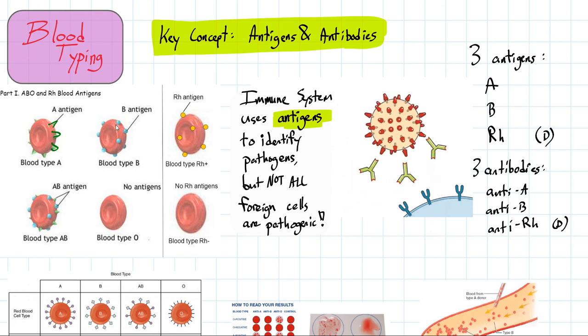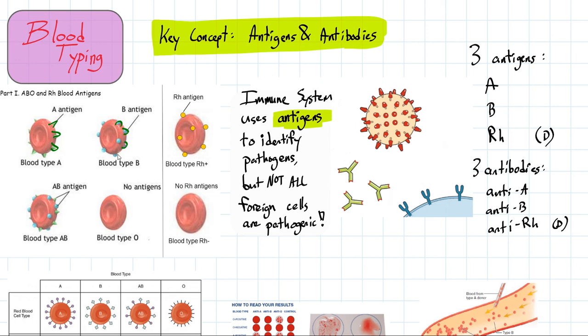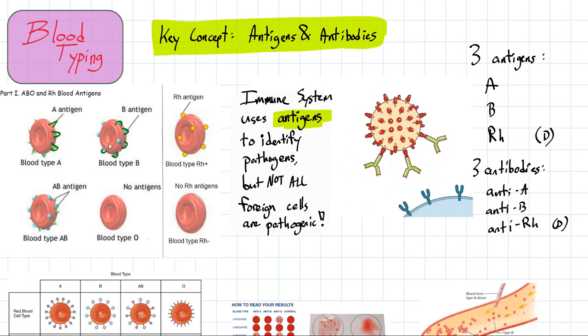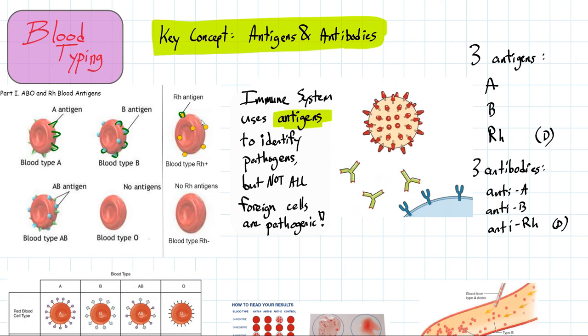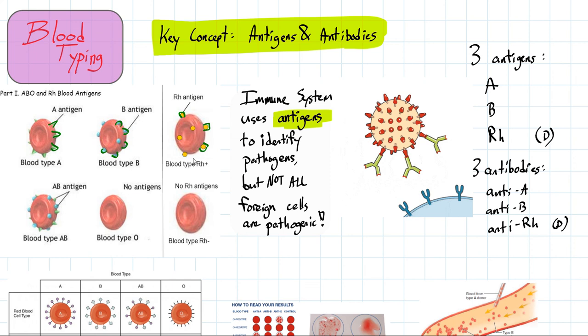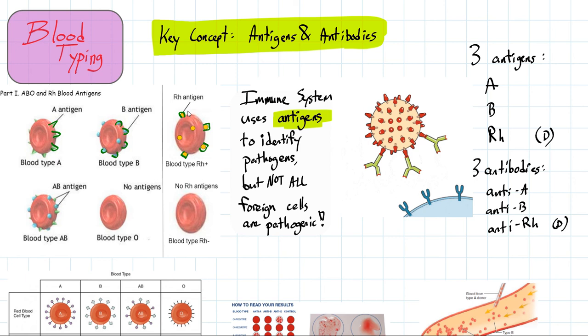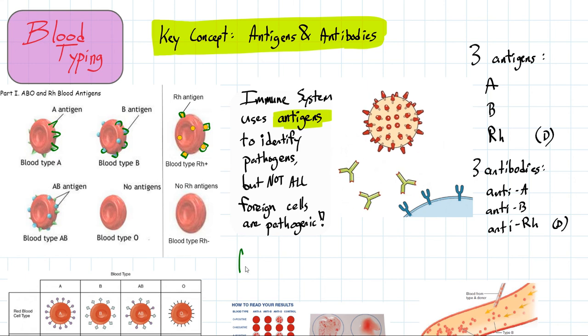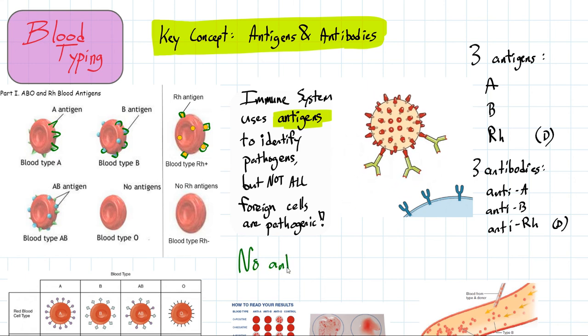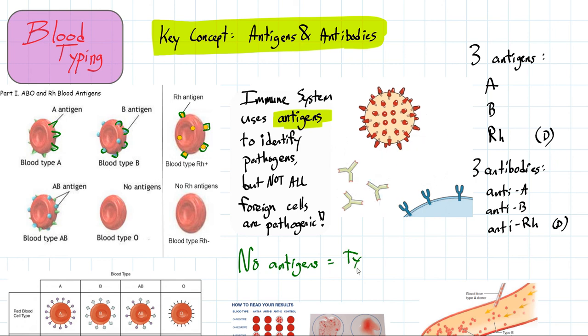If you have type B blood, you'll always put these B markers, these B antigens. If you have type Rh, you'll always put these Rh antigens. And you can have any of them, or all of them, or none of them. If you have none at all, that's type O.